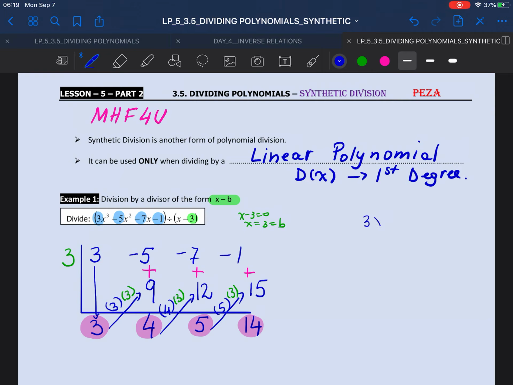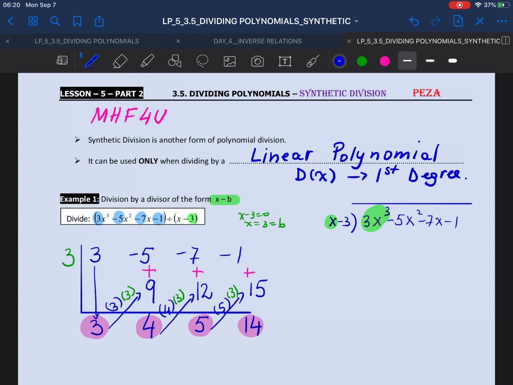So I'm going to use the long division to divide 3x cubed minus 5x squared minus 7x minus 1 by x minus 3. Now remember that we check and see first how many times x goes into 3x cubed.